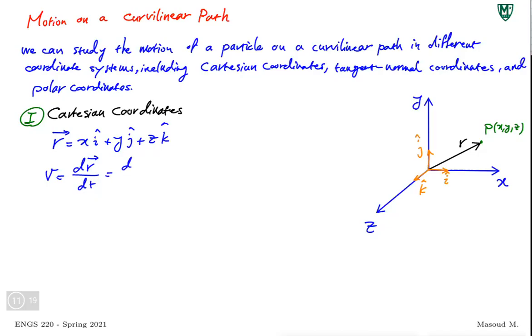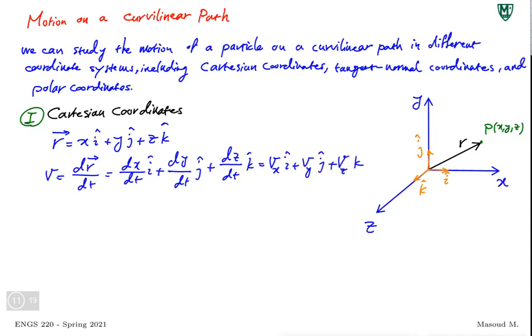What happens is that you'll only get dx/dt i plus dy/dt j plus dz/dt k. And typically we show these with vx, vy, vz, just for shorter representation. So if I put it this way, this would be vx i plus vy j plus vz k.